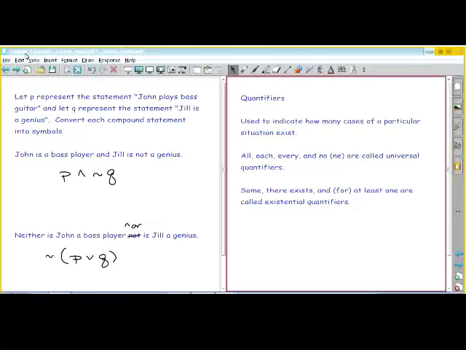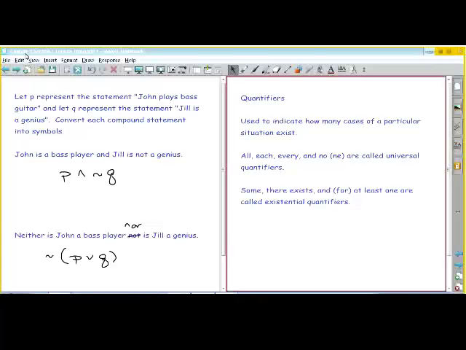And there's something in between everything and nothing: some, one way or the other. Some could be from one to one less than all.